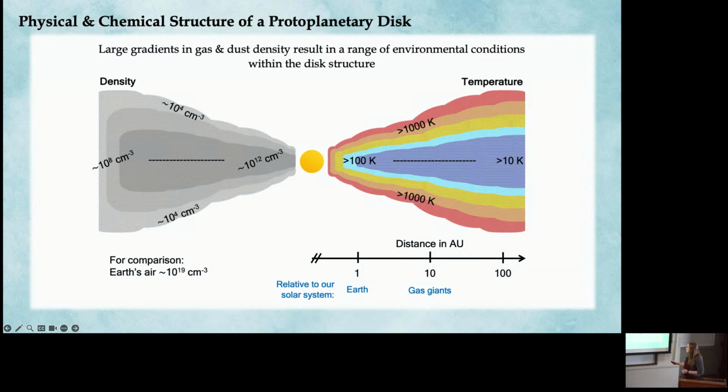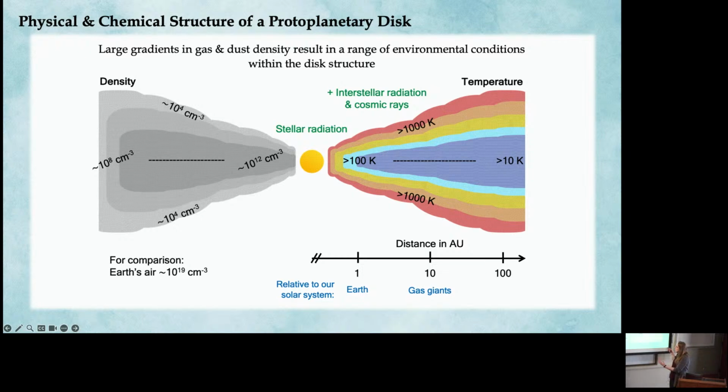The temperature also changes throughout the disk, being warmer closer to the star and along this irradiated surface, and cooler in the shielded midplane and outer disk. Relevant to our chemistry, we also have stellar and interstellar radiation and cosmic rays that can provide a source of energy to fuel chemical reactions.